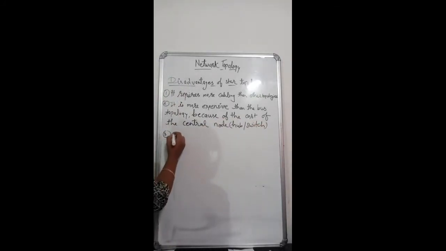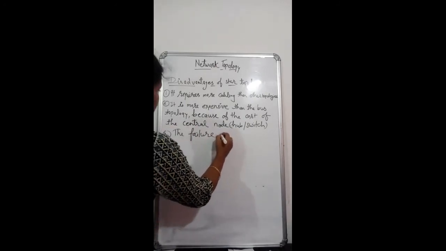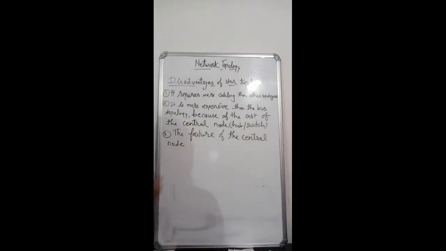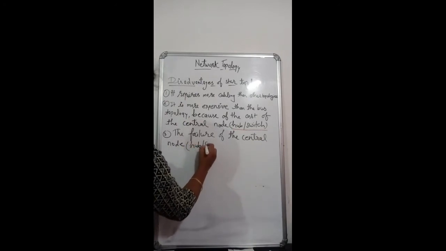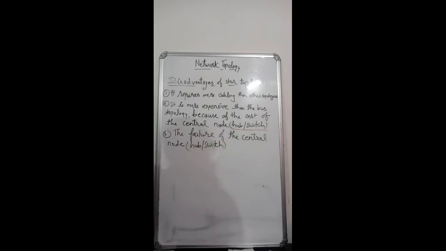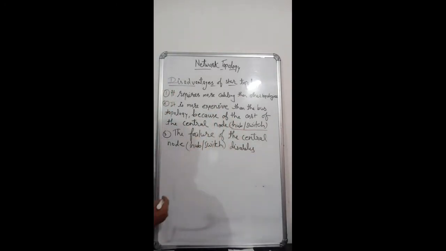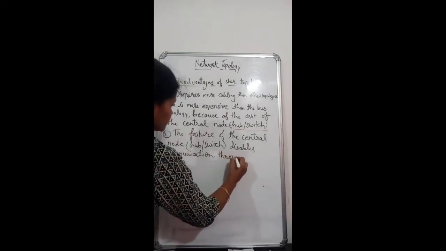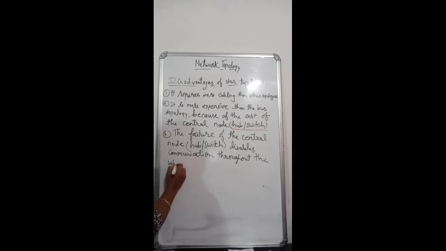Third point, the failure of the central node, again, that is the hub or switch, disables communication throughout the whole network.